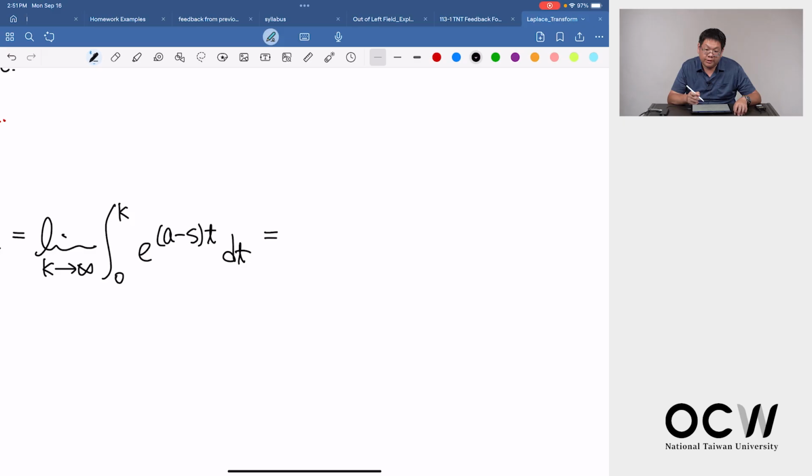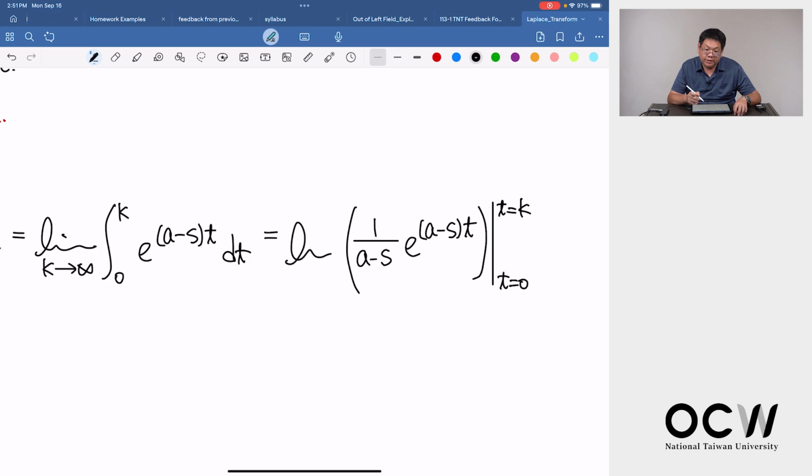Okay, let's do the integration. 1 over (a minus s) times e to the (a minus s)t, and then t is from 0 to k. And again, we take the limit, k goes to infinity.